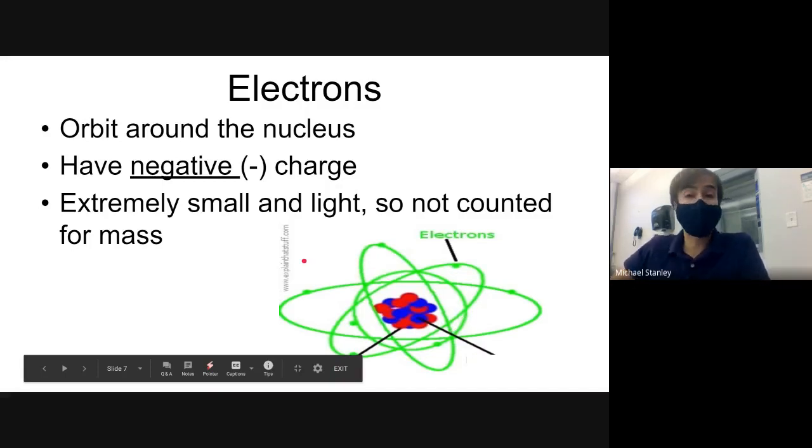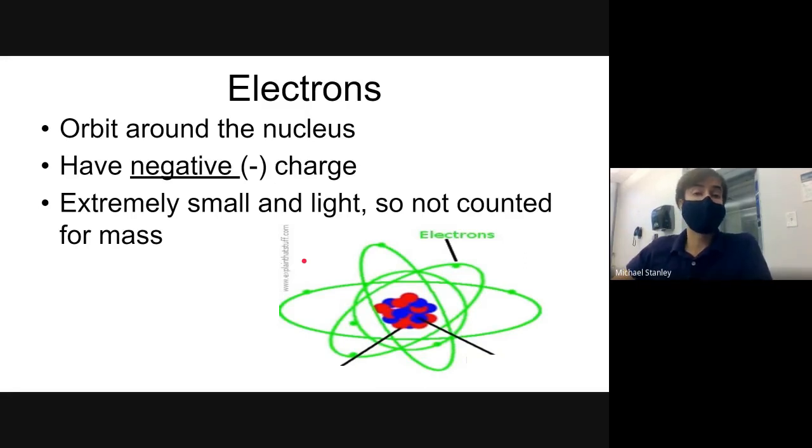So you may be wondering, wait, if we have protons, neutrons, and electrons, then why do only the protons and the neutrons get counted for the mass? Why not the electrons? Essentially, it's because electrons are, compared to the protons and neutrons, way teeny tinier than them.